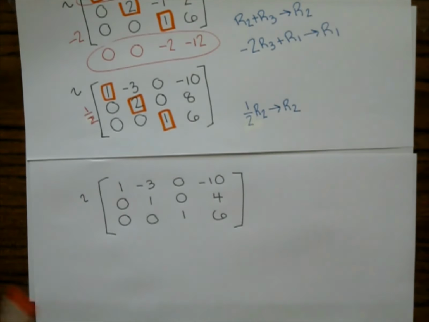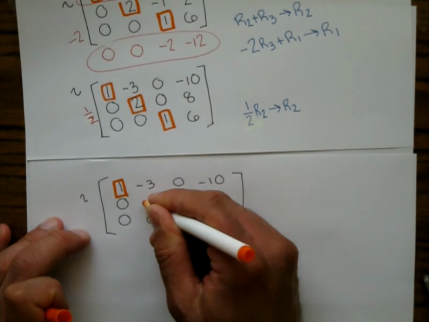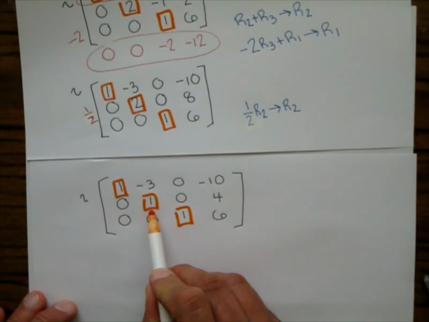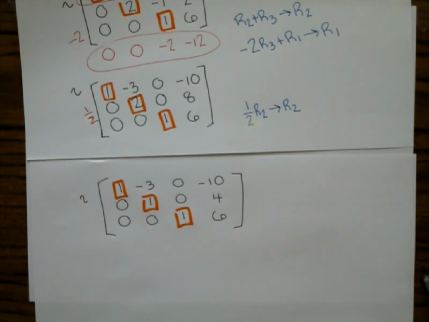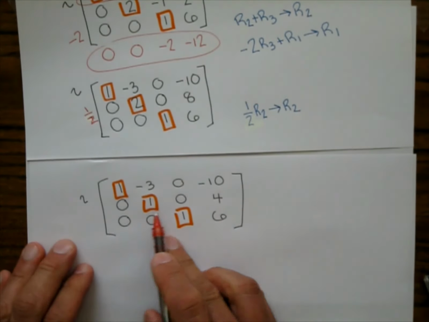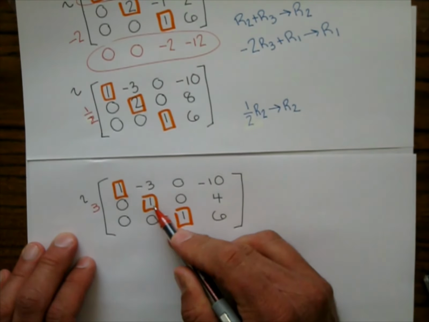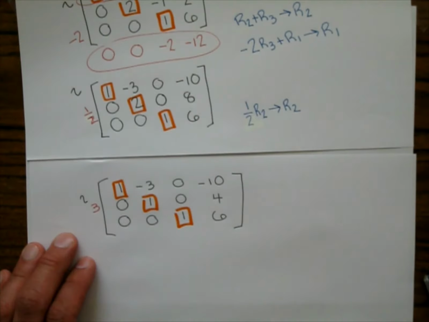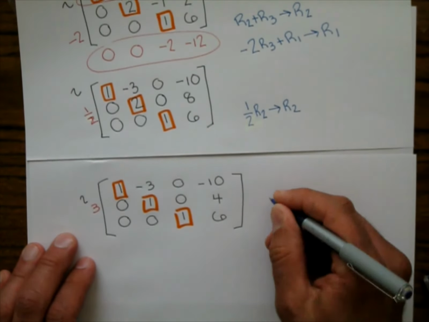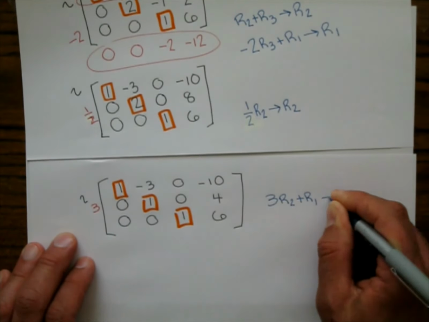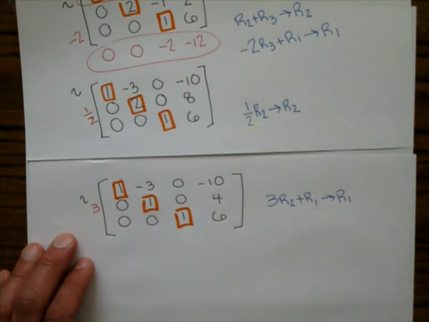But now I have pivot here, pivot here, pivot here, and I'm trying to use this middle pivot to force a 0 above it. I'll multiply row 2 by a positive 3 to get opposites there, negative 3, positive 3, and add those two rows together. So the machine language for this is 3 times row 2 plus row 1 gives me a new row 1.